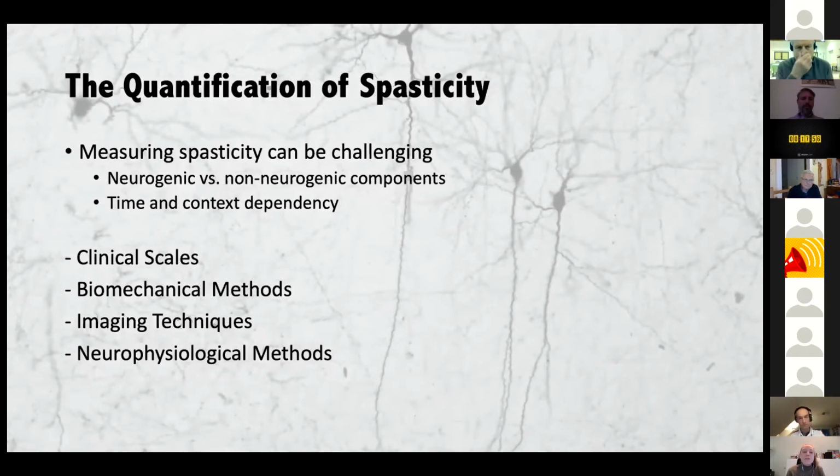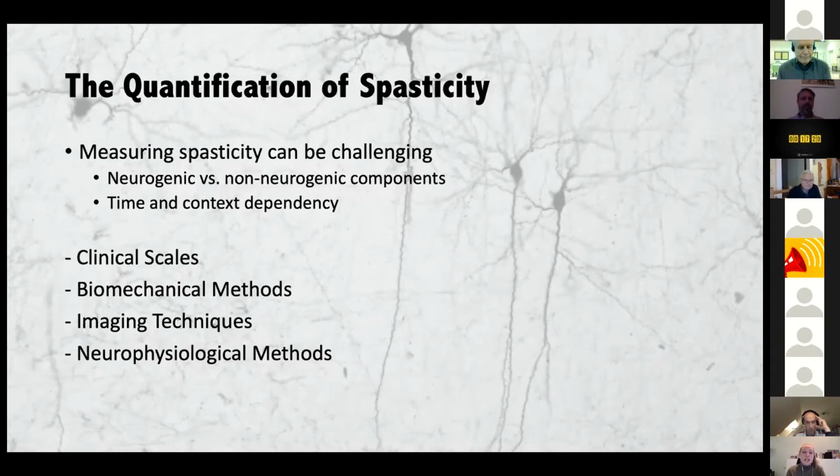And another fact that makes it challenging to measure spasticity is that it is time and context dependent. So you can have an individual with spasticity and two measurements can yield completely different results based on, for example, the time of day or the emotional state of the subject.